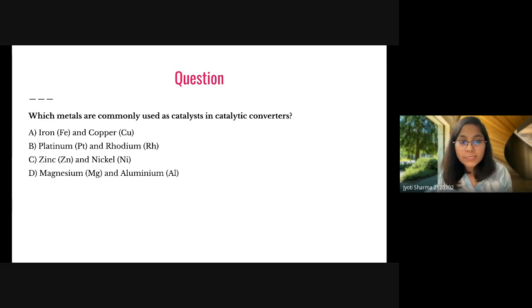What happens is that in the vehicle, we use the fuel, right? And when we do the combustion of this fuel, carbon dioxide is released, and NO2, that is nitrogen dioxide, is released. So what we do, we use some catalyst.